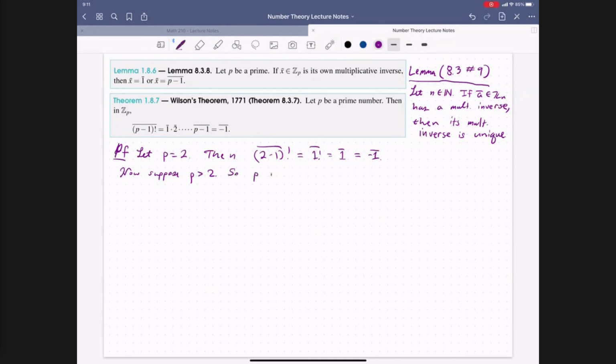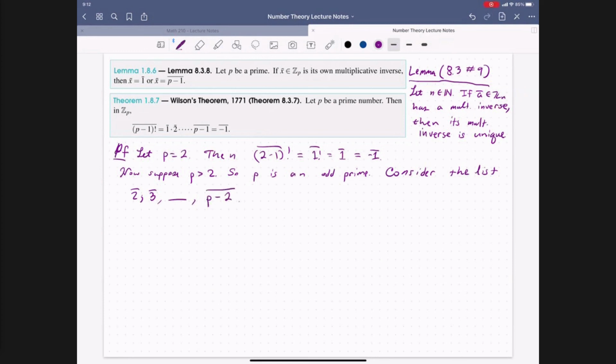So p is an odd prime. And now what we are going to do is consider the list of numbers 2 bar, 3 bar, all the way to p minus 2 bar.